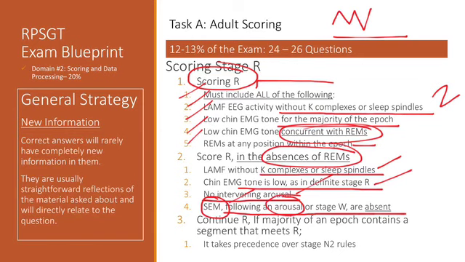Then continue stage R if the majority of the epoch contains a segment that meets R. So even if you see rapid eye movements only in the last half of the epoch, it still qualifies the entire epoch, as long as no other contiguous rules apply. And of course, stage R always takes precedence over stage 2.